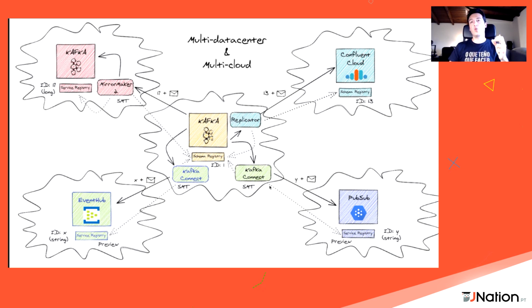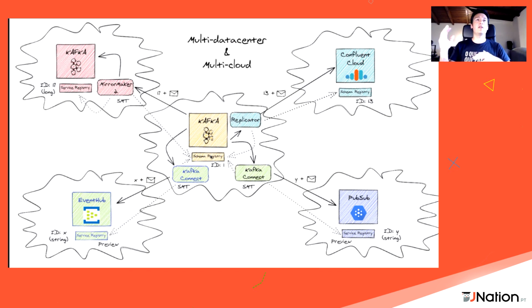We go first to the schema registry in the target cloud. We register the schema. It generates an ID only for that cloud, and we send the message with that ID and not with the source ID. So with this SMT, for every service, we are doing the transformation between the schema IDs in the source cloud and in the target clouds.